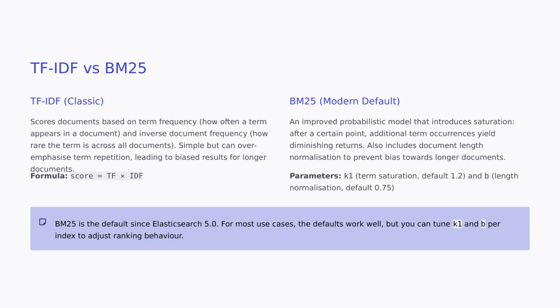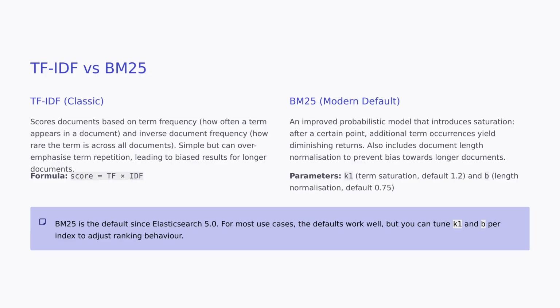Ever wondered about the inner workings of document scoring in search engines? TF-IDF and BM25 are two key algorithms in this realm. TF-IDF, the classic approach, assigns scores based on term frequency and inverse document frequency. While simple, it may skew results for longer documents by emphasizing term repetition. In contrast, BM25, the modern default, introduces saturation to prevent diminishing returns from excessive term occurrences, along with document length normalization.